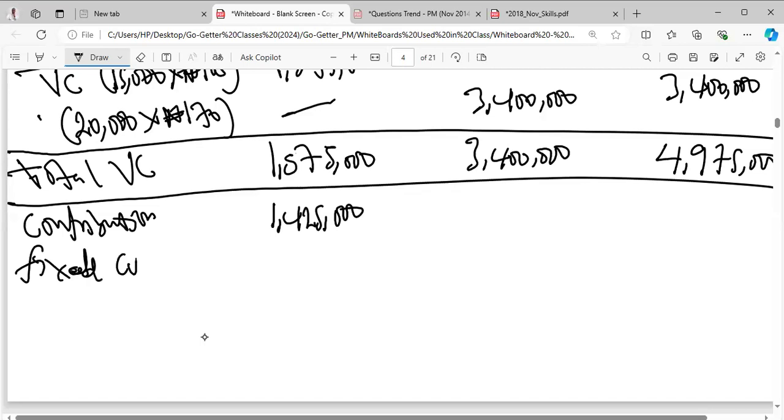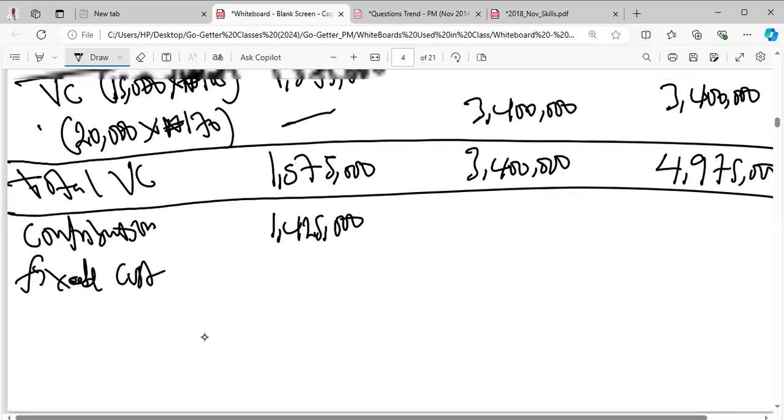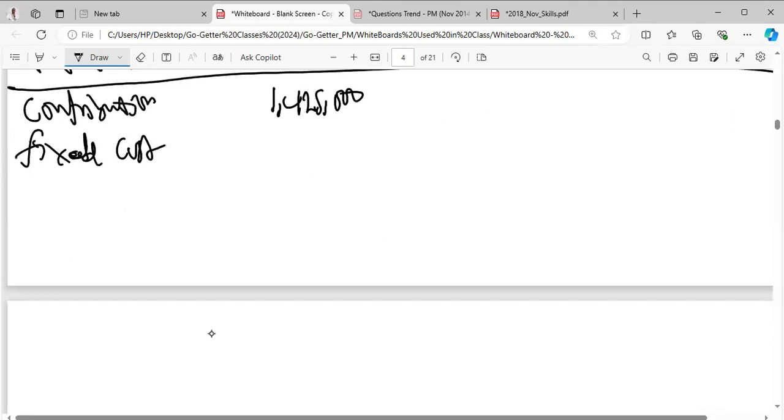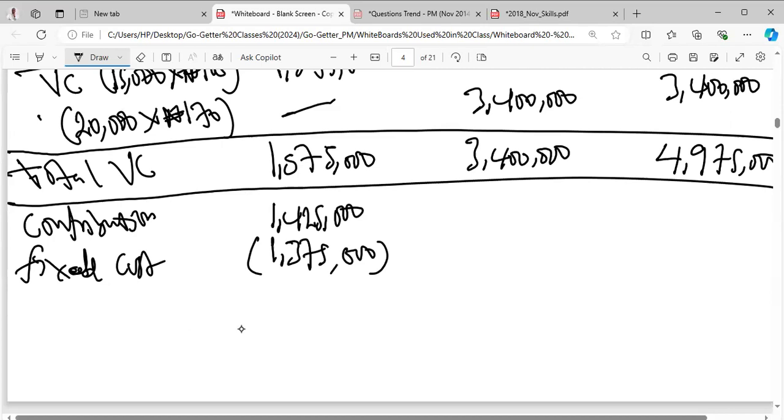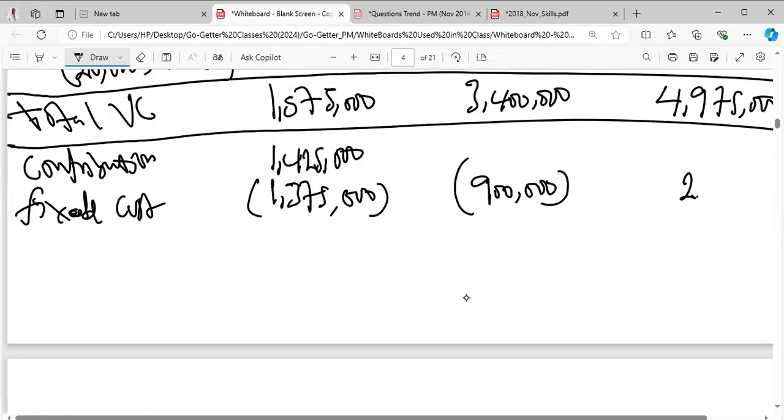I think the fixed cost was 1,375. This other one here is 900. And that should give us 2,275. 2,275, yes.